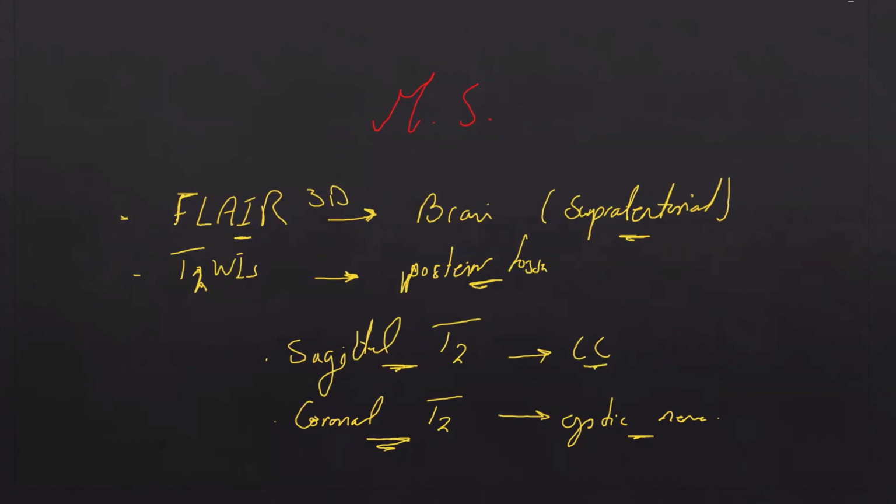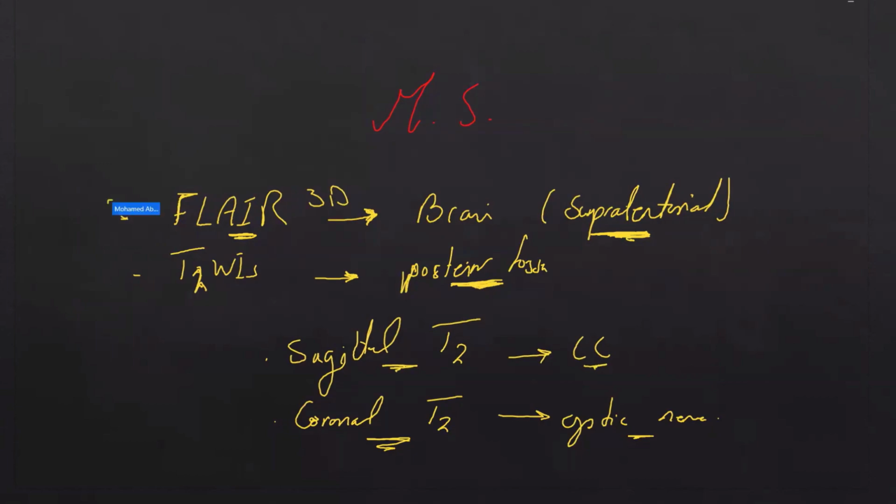I want to share some important tips regarding the protocol and selected sequences. We should ensure that we are using FLAIR images, especially 3D FLAIR. This is more sensitive than the T2-weighted image in the supratentorial brain structures, while the T2-weighted image is more sensitive than the FLAIR image in scanning the posterior fossa structures, brainstem, and cerebellum.